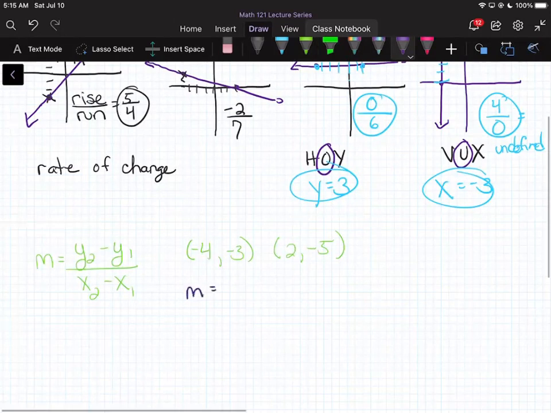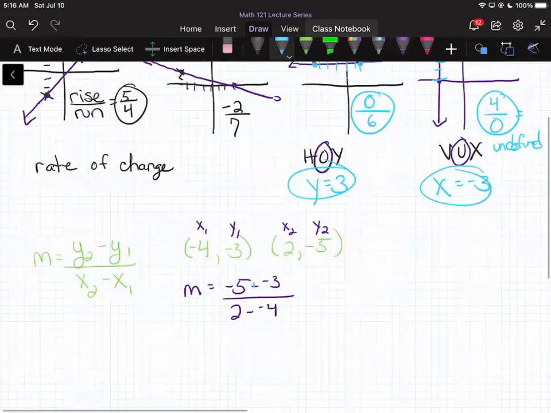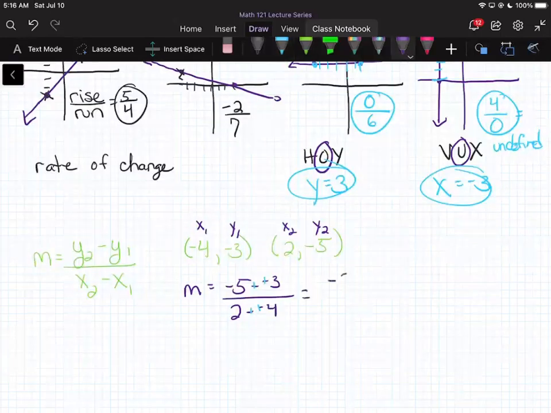But here, if I make this x1, y1, x2, y2, when I substitute in, I have -5 minus a -3 over 2 minus a -4. These become plus a positive. And when I calculate that, I get -2 over 6, which leads to -1/3.